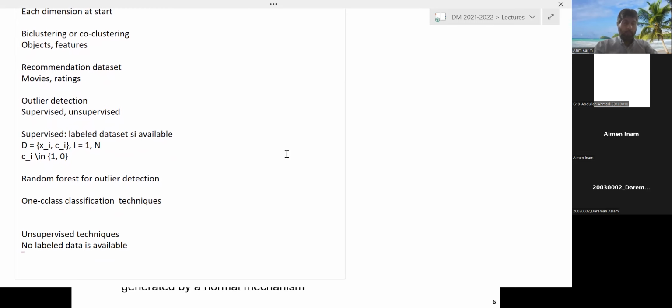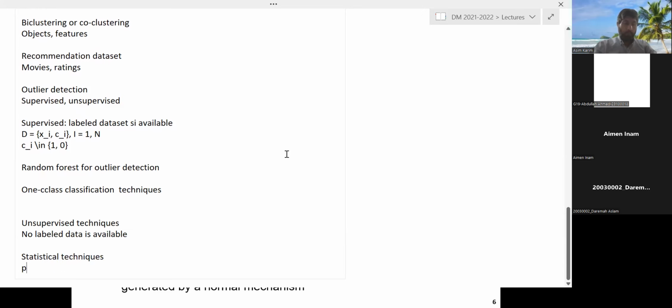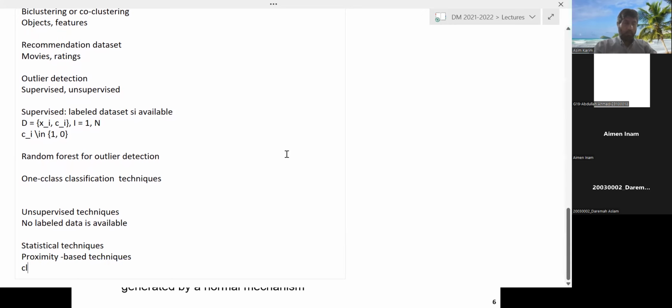The first category, of course, statistics techniques. And then we have proximity based. And then we have clustering.